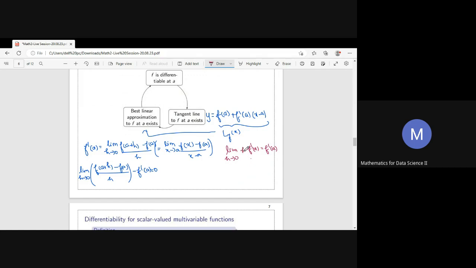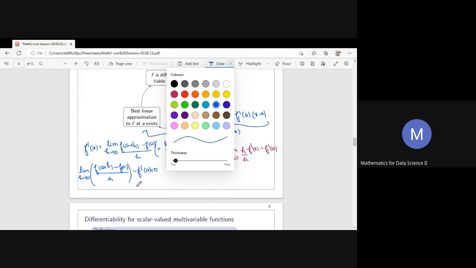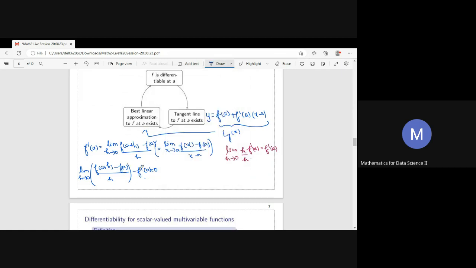Now suppose there is h by h. Then it is still f dash of a only, right? Yes or no? Yes, ma'am. Okay. So just for simplification purposes, we can replace f dash of a by limit h goes to 0 of h by h times f dash of a, so that we can bring this term inside the limit.